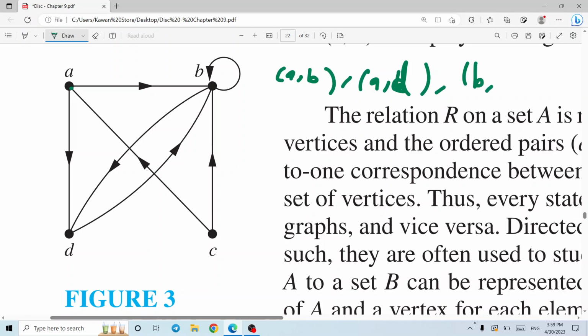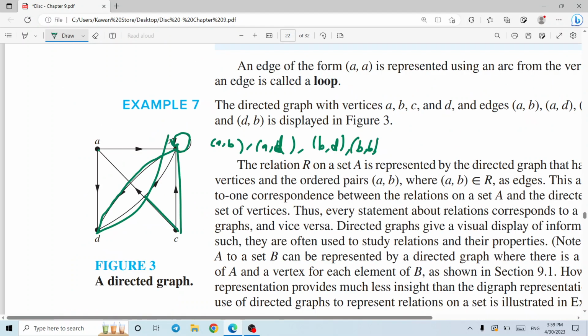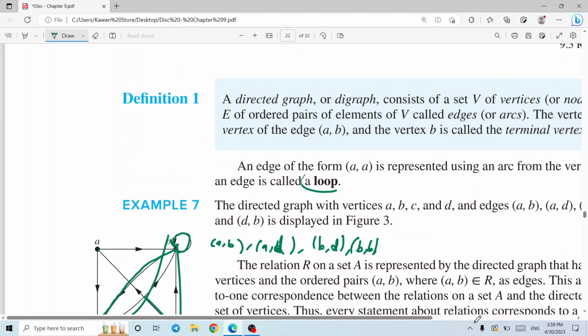B with D. Okay, what else? Nothing, right? But B with itself, this is called a loop. Am I right? And go on. So C with A, C with B, and D with B, like that. Easy, right? So this is called a diagram, and it's called a loop.